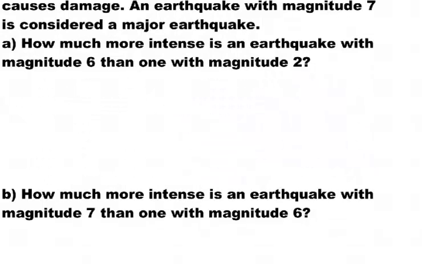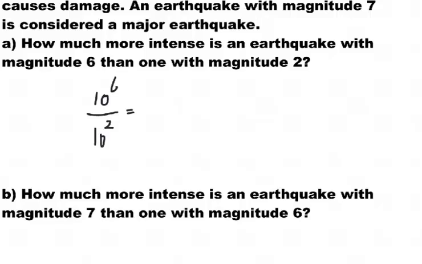The first part of the question says how much more intense is an earthquake with magnitude 6 than one with magnitude 2. This means the magnitude 6 has an intensity of 10 exponent 6. The magnitude 2 is 10 exponent 2. Now we have to simplify this ratio.